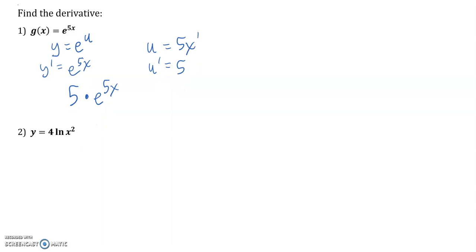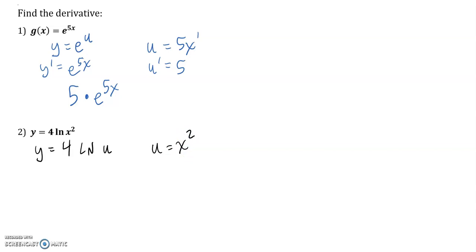I'm going to let y equal 4 times the ln of u. It's like this constant again, that multiplier is just affecting the slope, so it's not really affecting the derivative other than multiplying at the end. And u is the inside function, the x squared.